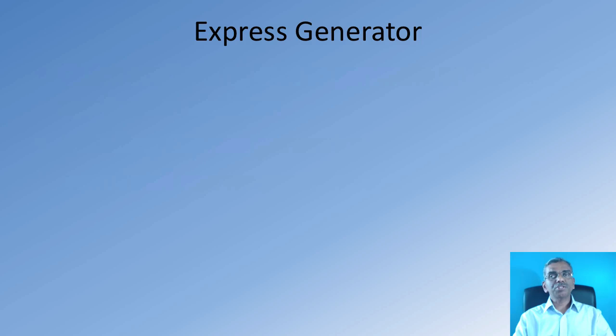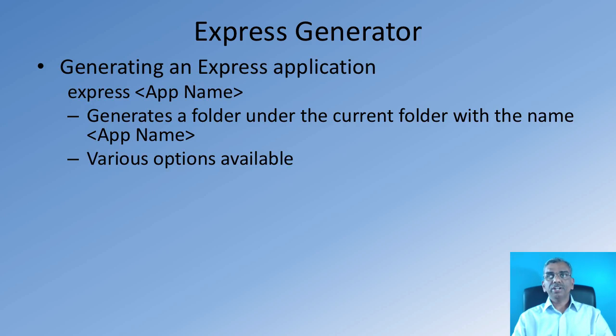So how does Express Generator work? With Express Generator, once you have installed the global NPM module, you just type express space and the name of your Express application that you want to start. And this will generate a folder with the name of the application that you have typed in. There are various options available for you to generate your Express application.